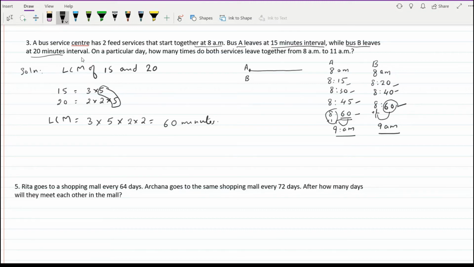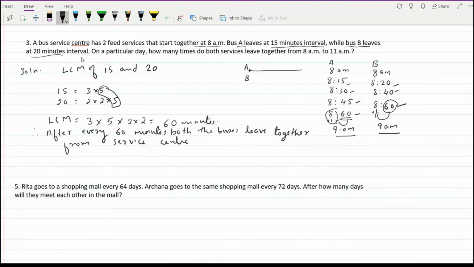So we can write that sentence here: therefore after every 60 minutes both the buses leave together from the service center.